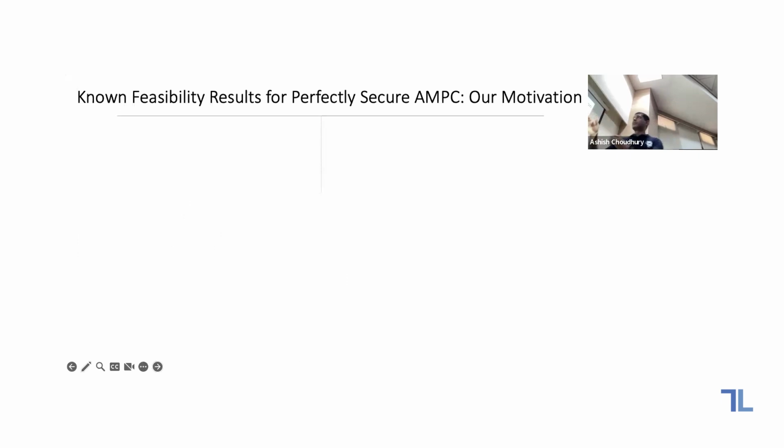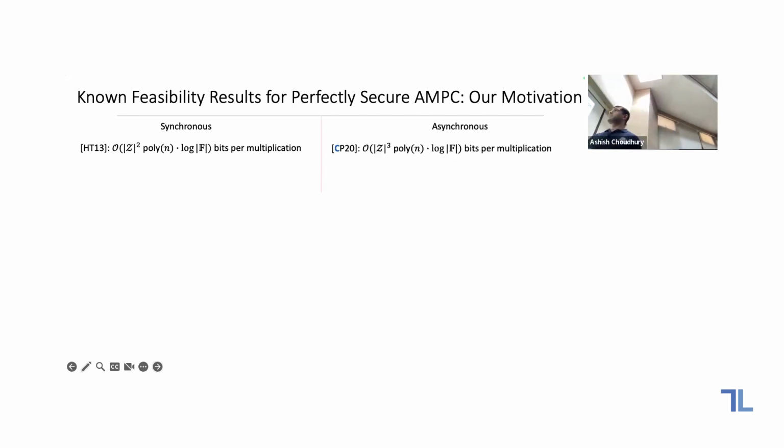So what are the known results for perfectly secure AMPC communication complexity? If we consider the synchronous model, then the existing work of Hirt et al. has proposed a protocol where the communication for multiplication is quadratic in the size of the adversary structure. If we ignore the rest of the factors, which are polynomial in n and the log of the field size, and just focus on the component proportional to the size of the adversary structure, it is quadratic.